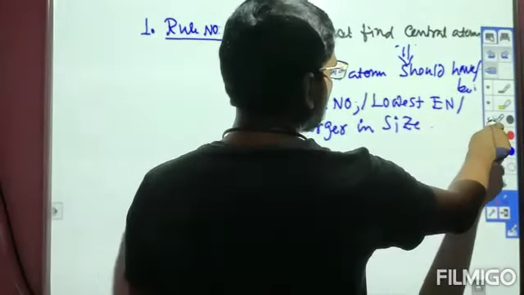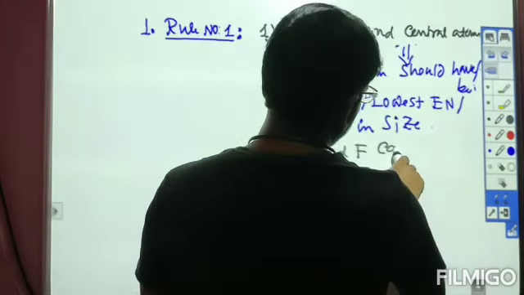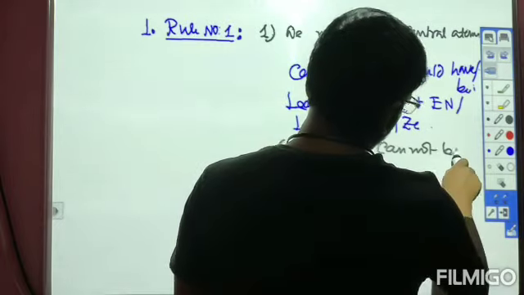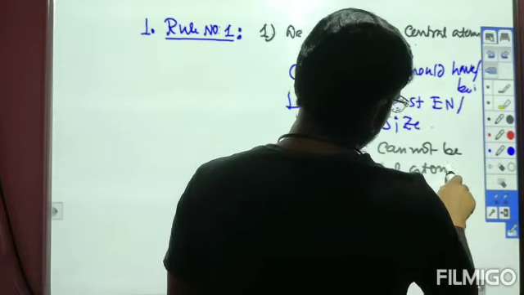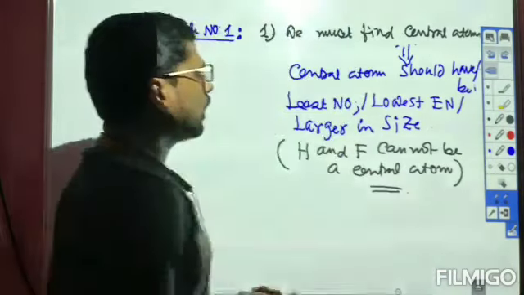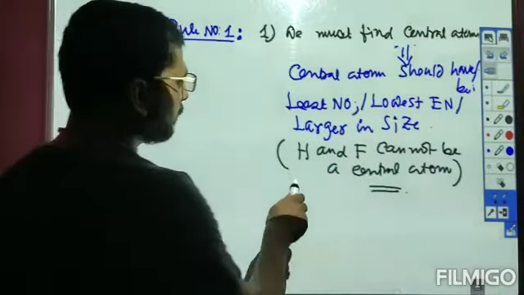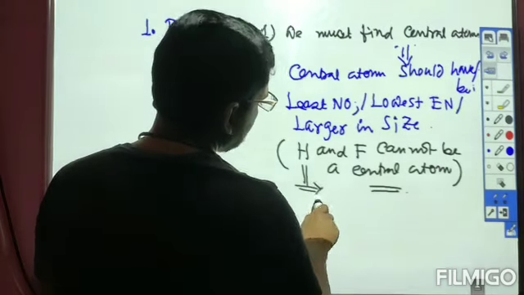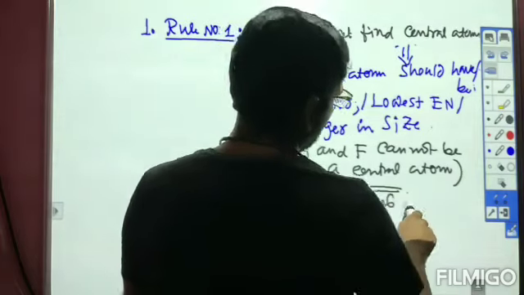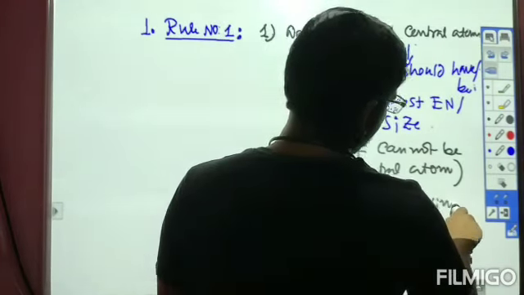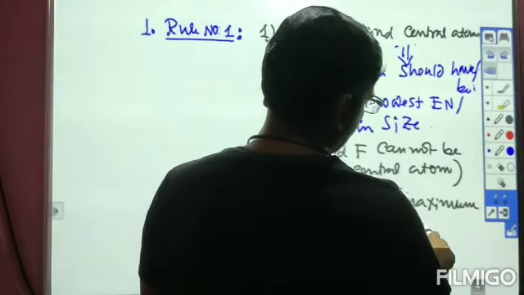You must remember that hydrogen and fluorine cannot be a central atom. Hydrogen and fluorine will never be a central atom. Why? Hydrogen forms a maximum of one covalent bond.